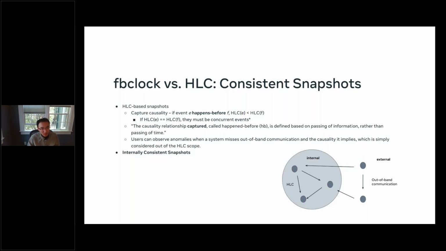The snapshot is only consistent internally with respect to the causality that's explicitly captured by this HLC propagation and bumping. So for anything outside of that scope, you can potentially observe anomalies. The graph here is just saying that if there are events outside of this gray circle, then there are some out-of-band communications, and the HLC-based snapshot is not going to respect this causality.